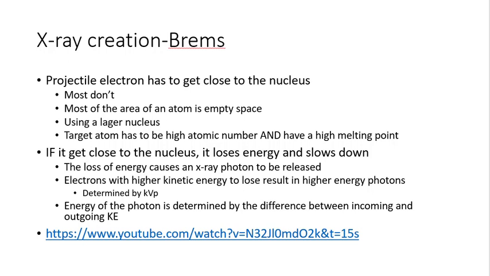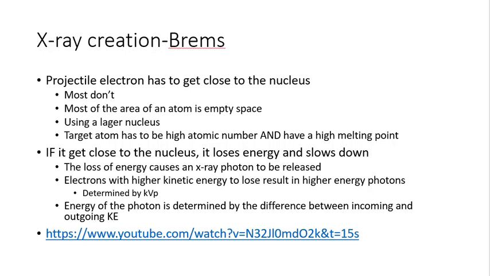So if it gets close to the nucleus, it loses energy, it slows down, and what happens is we get a conversion of that kinetic energy into electromagnetic energy equivalent to how much energy that electron lost.